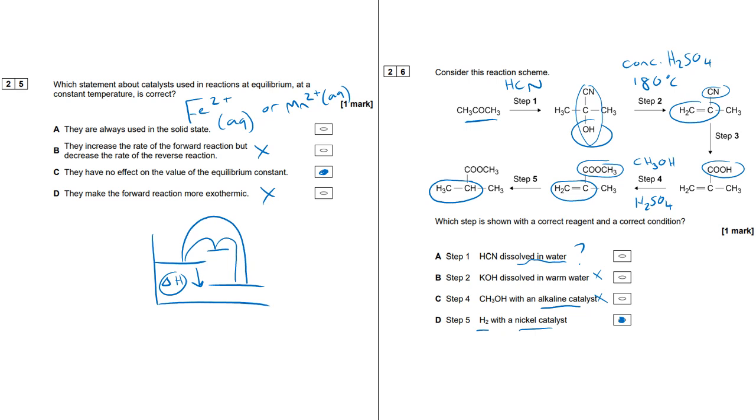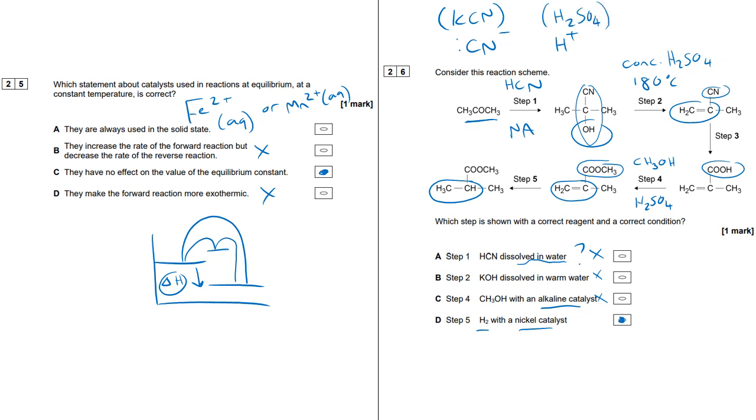HCN dissolved in warm water. So why is that one incorrect? So for this to work, the nucleophilic addition reaction of a ketone to a hydroxynitrile, you need a large excess of cyanide and a large excess of H+. So normally that comes in the form of KCN, so you've got loads of cyanide ions, and H2SO4, so you've got loads of H+ ions.